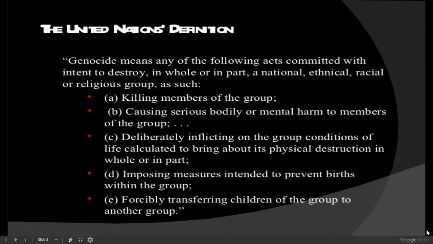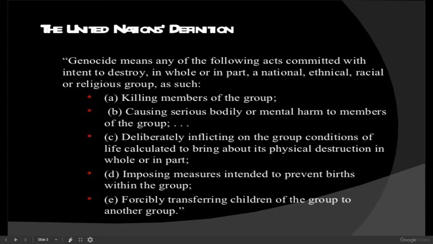And so the perpetrators or people in charge will single out a specific type of person, whether that is by race or religion, and cause any of these acts.